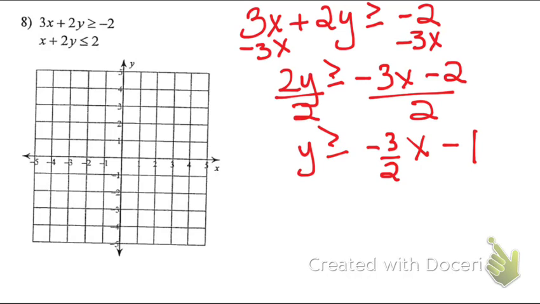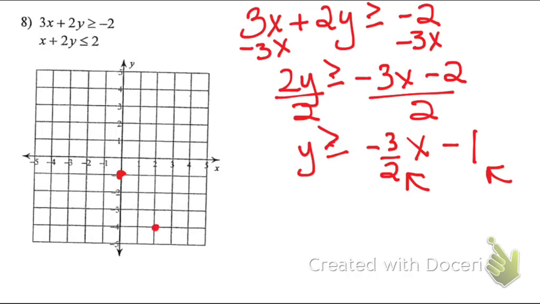So now my y-intercept is that right there, negative 1, and there's my slope, negative 3/2, and slope is rise over run. So I'm going to plot this one really quick. My y-intercept is at negative 1. And then my slope is negative 3/2, so you can drop 3 and go over 2.